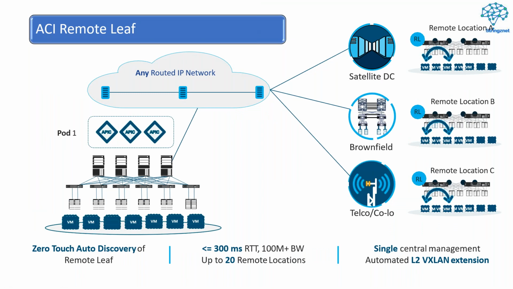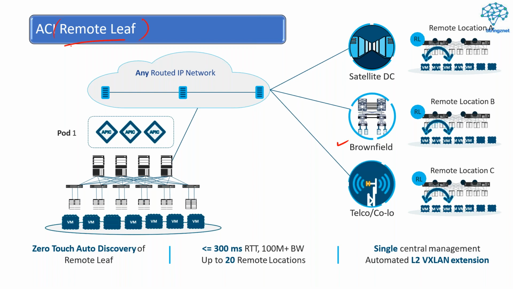For example, remote leaf. This is not part of our course, but in the case of remote leaf, you can say it is a migration strategy, wherein we have one group of spine switches and leaf switches available not locally but in another field. Say we have an already existing setup, called brownfield, and we want it to be connected with us. We can call this a connectivity with our remote leaf.